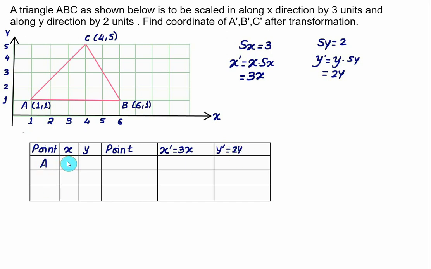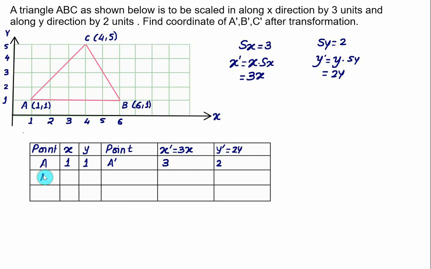We have x coordinate 1, y coordinate 1. After transformation you will get a new point A prime. So x prime is 3 multiplied by x, so 1 multiplied by 3 is equal to 3. And y prime is 1 multiplied by 2, that is equal to 2. So this point is shifted to 3, 2.